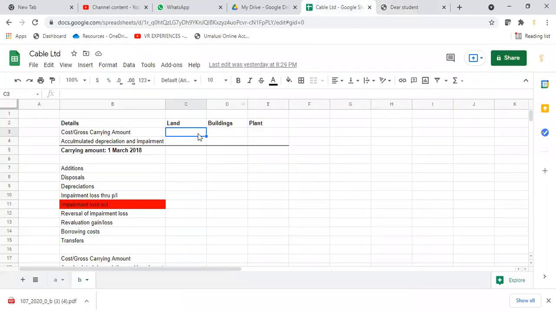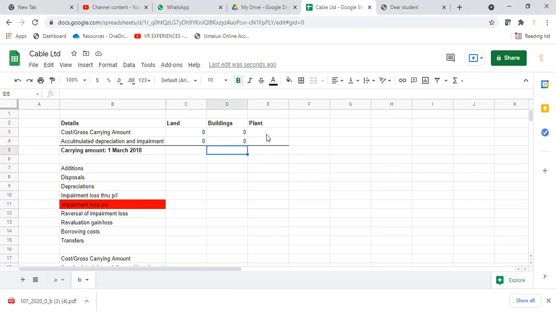Land will be 0 over here. Buildings will be 0 over here. We won't have depreciation for land because there's no depreciation on land, and buildings will be 0 because we did not have the land and the buildings as PPE. We had them always, but they were not classified as PPE as of the beginning of the current year. It only became PPE during the financial year as at 30th June 2018. Okay, so just take note of that.